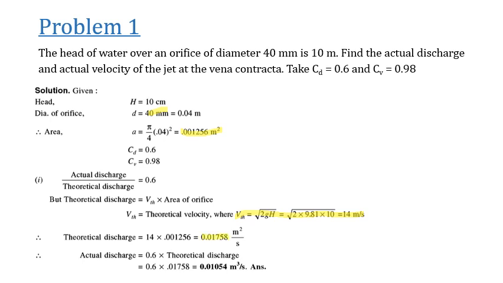Its unit should be meter cube per second. And actual discharge will be coefficient of discharge into theoretical discharge. So 0.6 multiplied by 0.01758, we get this final answer.